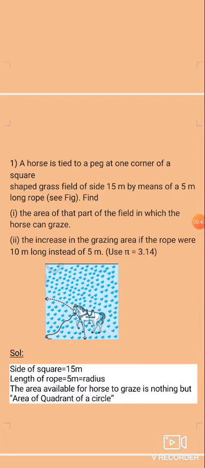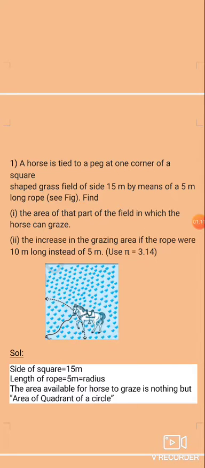Find, first question, the area of that part of the field in which the horse can graze. Second question, the increase in the grazing area if the rope were 10 meter long instead of 5 meter. Here you need to take the value of pi as 3.14.